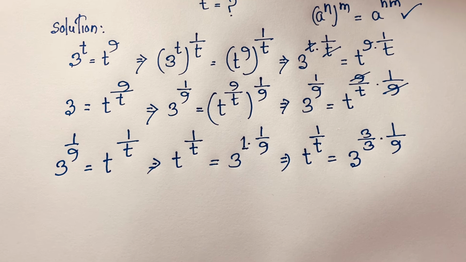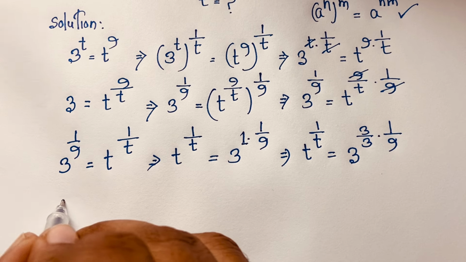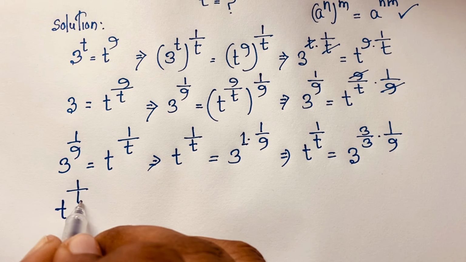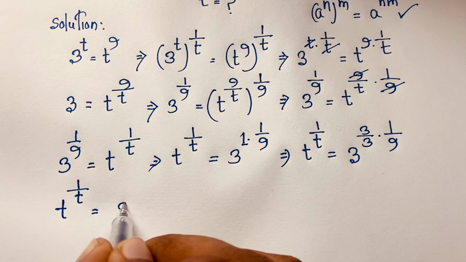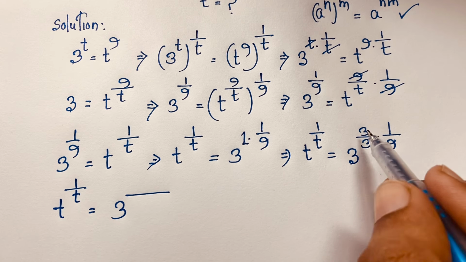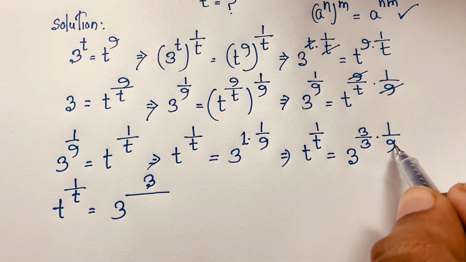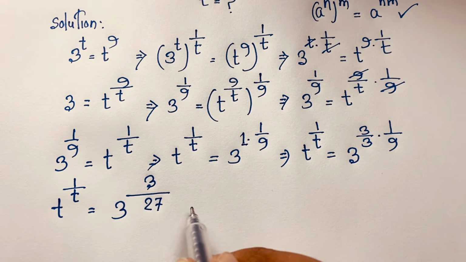Now, here, t to the power 1 over t is equal to 3 to the power, then 3 times 1, this is 3, and 3 times 9, this is 27.